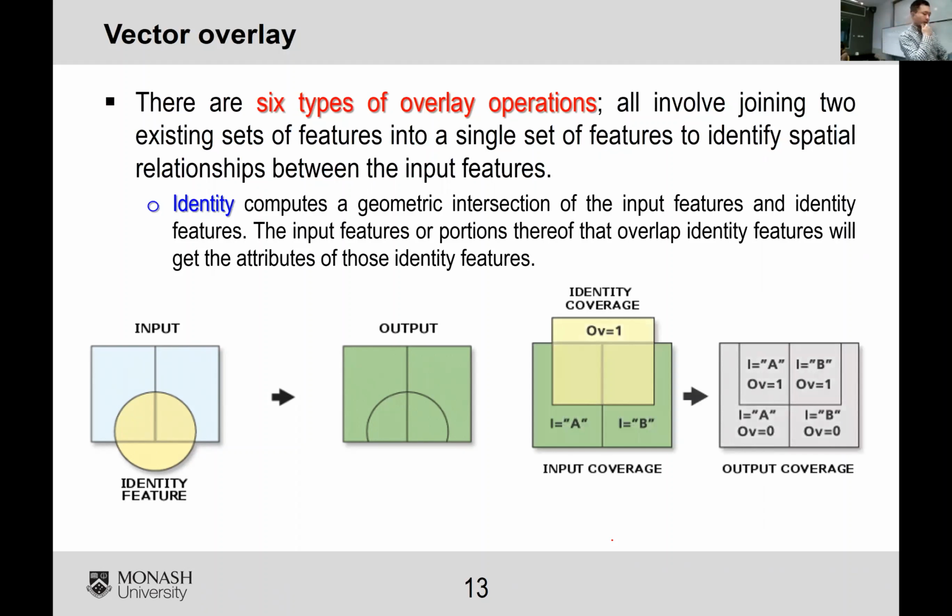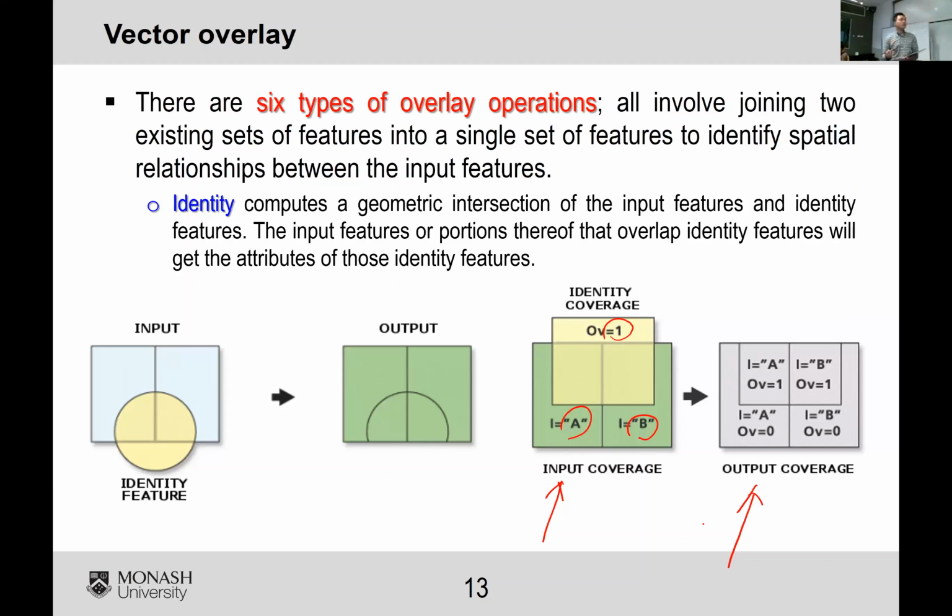So let's look at this example. We have an identity feature as the yellow rectangle. If the features in the input cover are A and B, and the attribute in the identity feature is 1, then this is what you will get as the output.